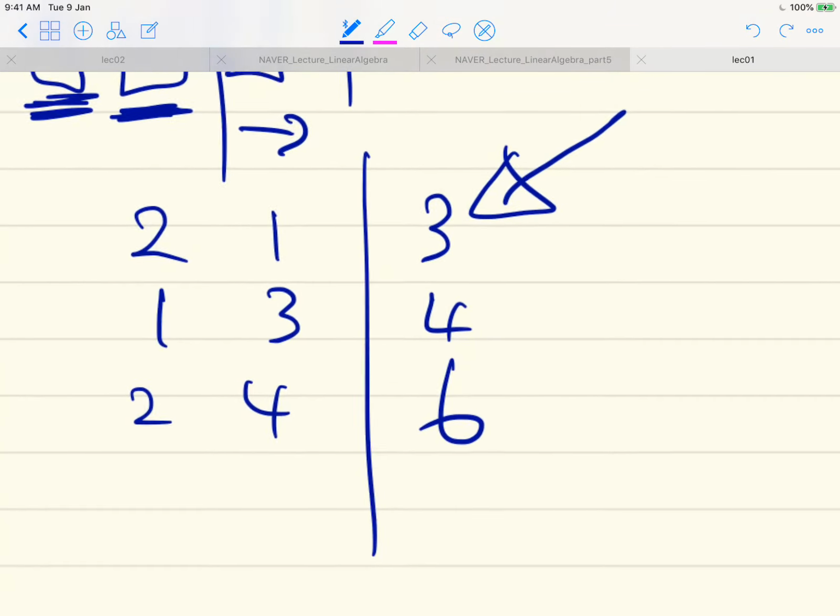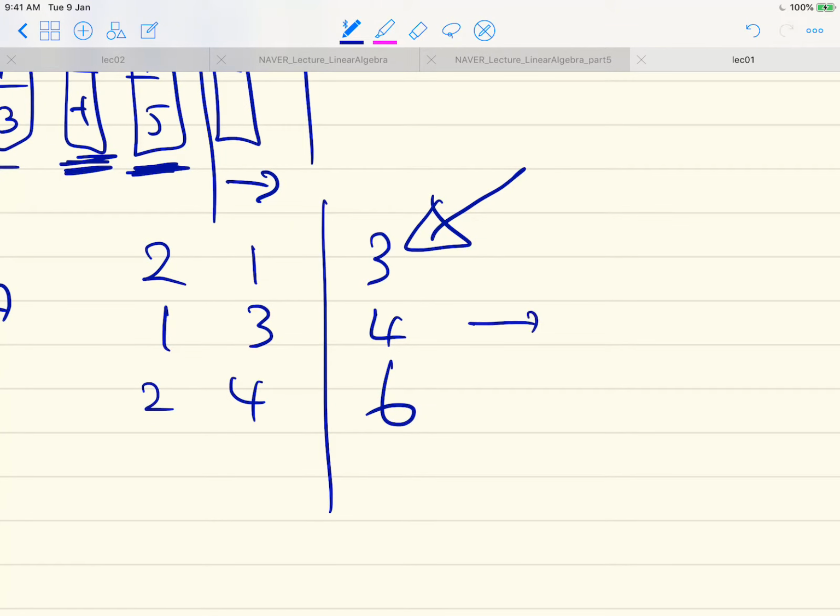Okay, let's actually do some Gaussian elimination, like 2, 1, 3, and then we have to multiply the first equation by 1/2, and then subtract it from the second equation, right? And then what about this number? This number should be 0. And then what about this guy? .5, I think, right?